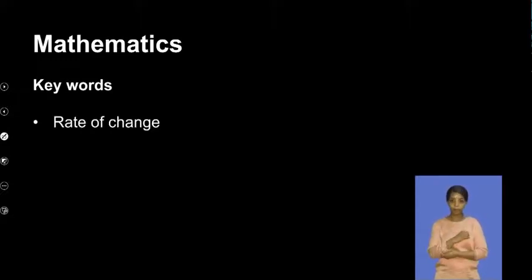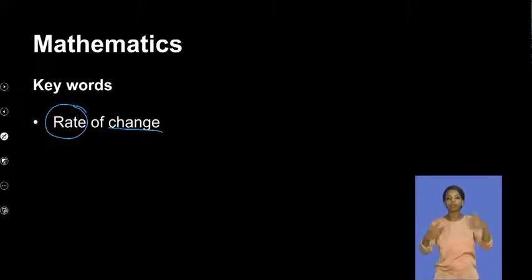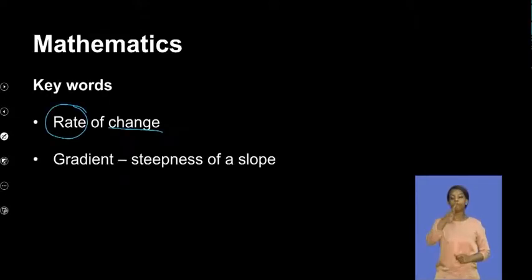Still on our keywords, we also have a rate of change. A rate of change will be change over a certain period of time, maybe yearly, monthly, 2 years, or every 6 months, or every 3 months. That's the change that we are talking about, which is then the rate of change. And with this, we look at the steepness of a slope.